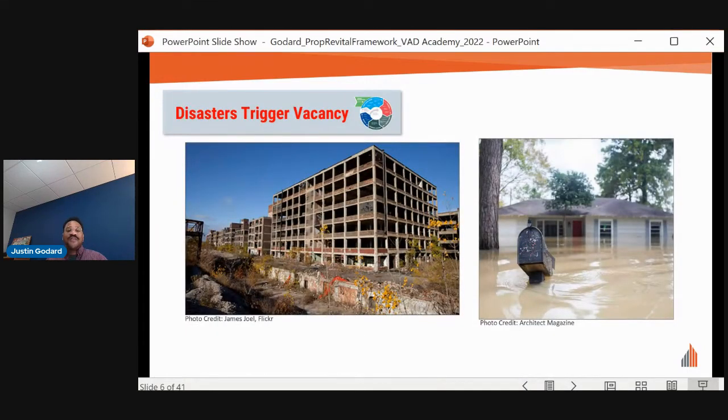VAD properties often first emerge as a result of economic, social, and natural triggers. These triggers can shift conditions both immediately or over time and can include such events as natural disasters, economic downturns and loss of industry, public health emergencies, shifts in consumer needs and desires, and more.